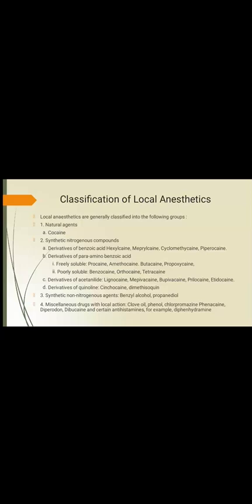In that, A, derivatives of benzoic acid: hexylcaine, meprylcaine, cyclomethycaine, piperocaine. B, derivatives of para-aminobenzoic acid, in that, freely soluble and poorly soluble. Freely soluble categories include procaine, amethocaine, butacaine, propoxycaine, etc., and poorly soluble are benzocaine, orthocaine, tetracaine.